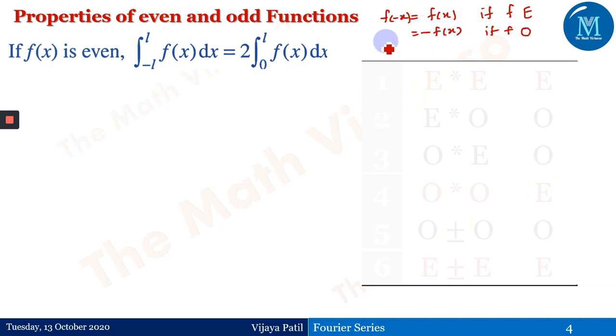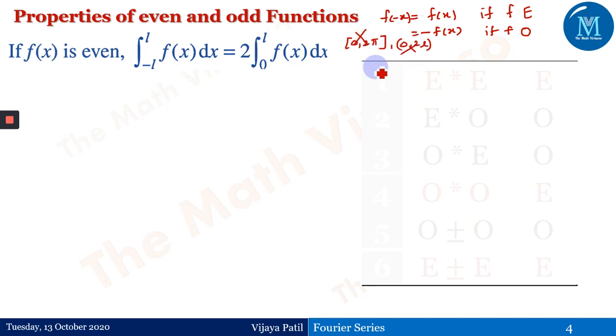If you observe, I should have minus x in the interval. If I take the interval as 0 to 2 pi or 0 to L, this is not going to serve to test whether my function is even or odd, because I don't have negative numbers in these intervals. Whenever the intervals are something like 0 to 2 pi or 0 to 2L, where negative numbers are not present, I cannot check whether the function is even or odd.